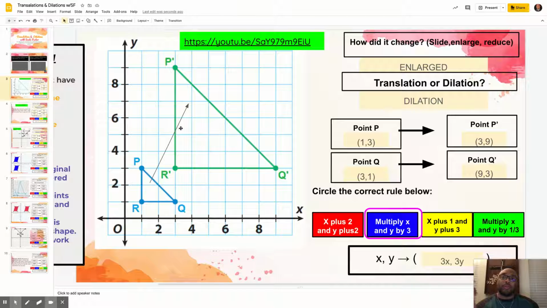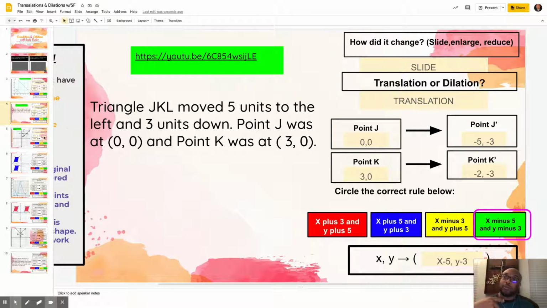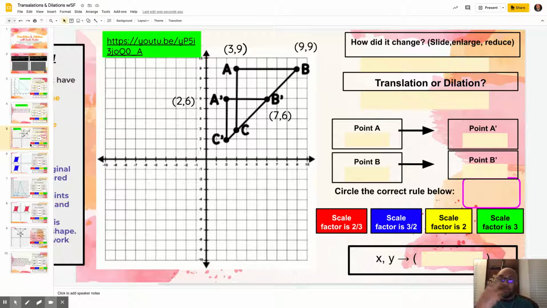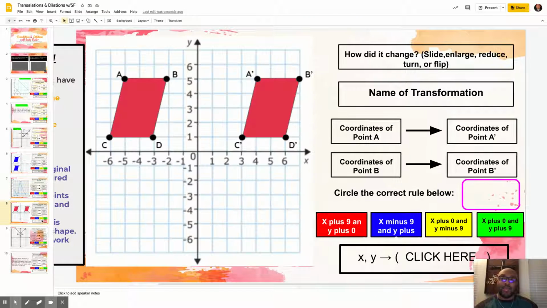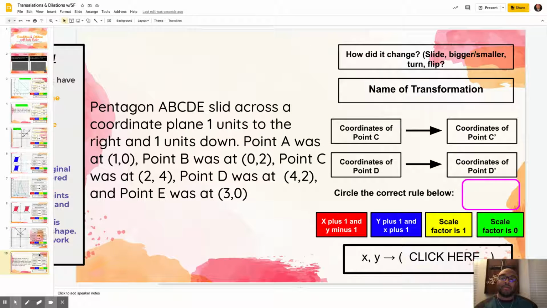Like I said earlier, you're going to see dilations in graphs. You're going to see translations in words, okay? Now, I could sit here and tell you what all of that was, but that's part of the assignment.